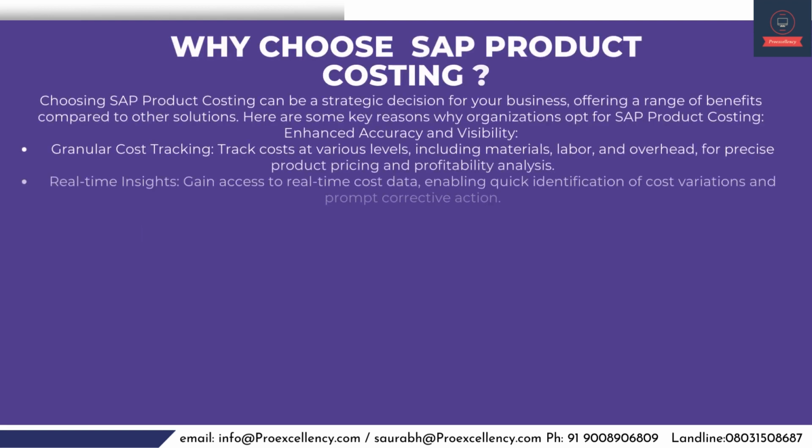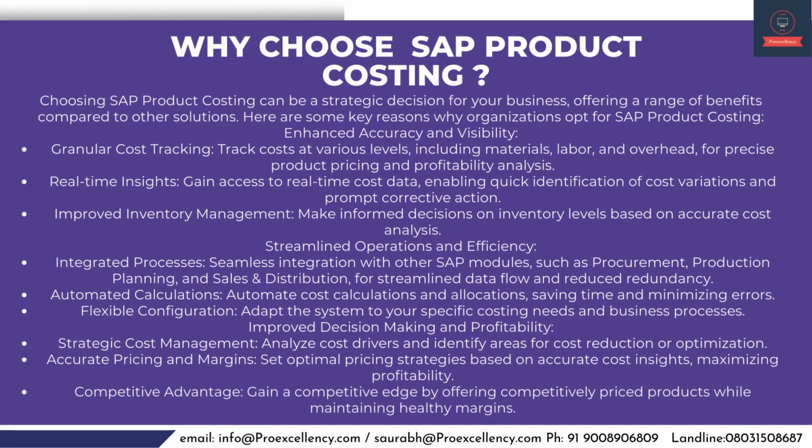Why choose SAP Product Costing? Choosing SAP Product Costing can be a strategic decision for your business, offering a range of benefits compared to other solutions. Here are some key reasons why organizations opt for SAP Product Costing. Enhanced accuracy and visibility. Granular cost tracking.